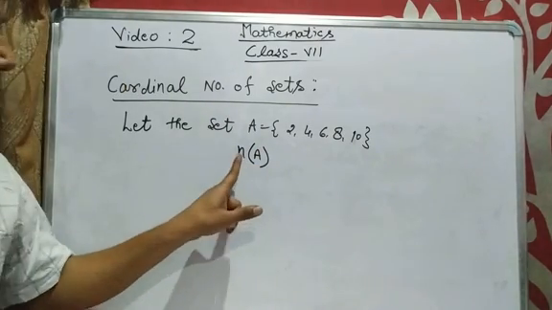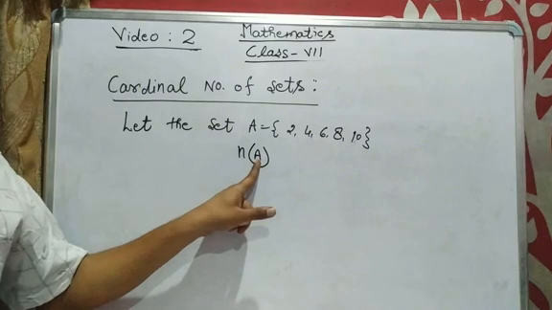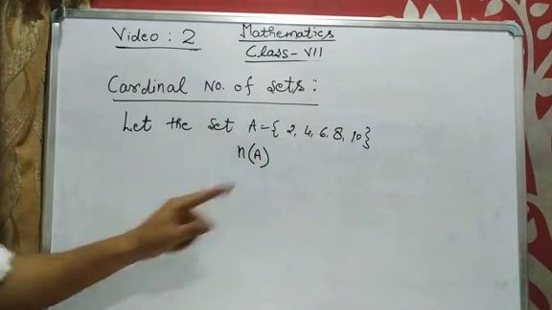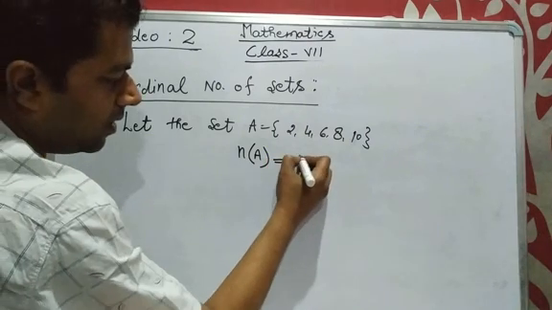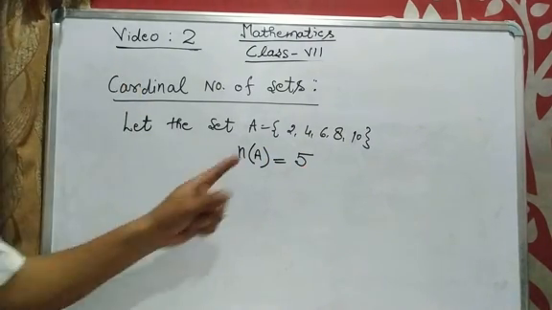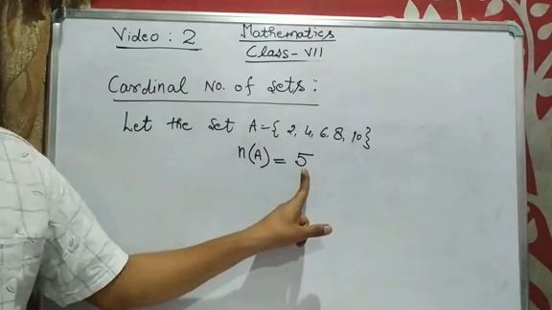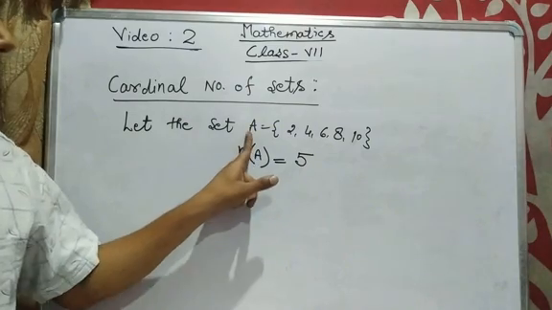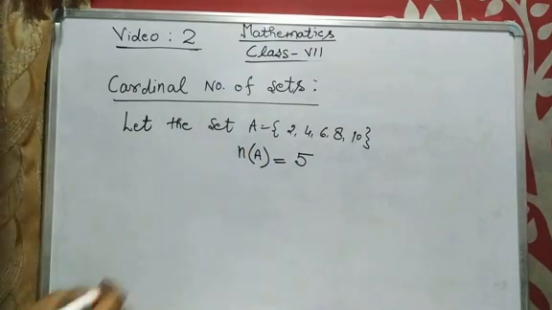How will we read it? Cardinal number of set A. Cardinal number of set A is equal to 5. Total number of elements we will represent here, 1, 2, 3, 4, 5. That is, the cardinal number of set A is equal to 5.